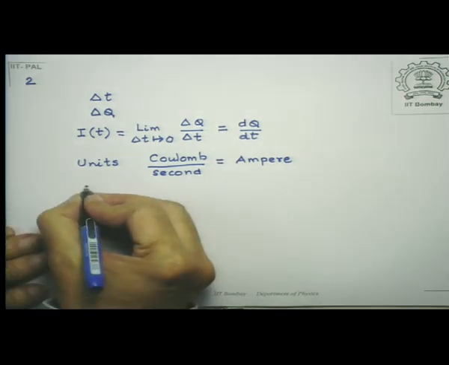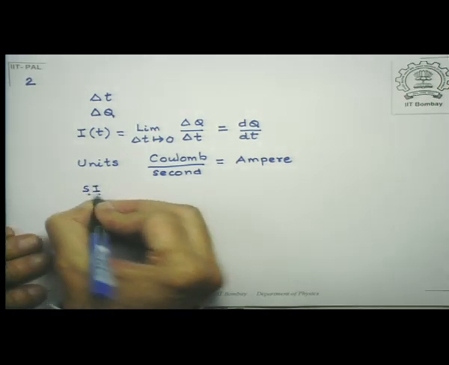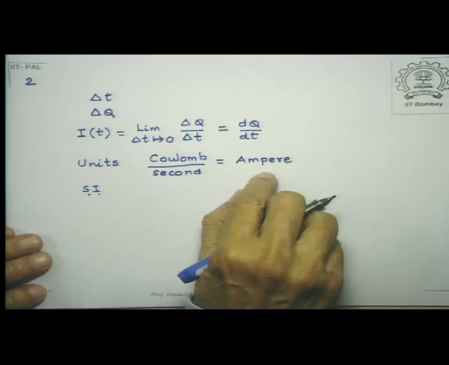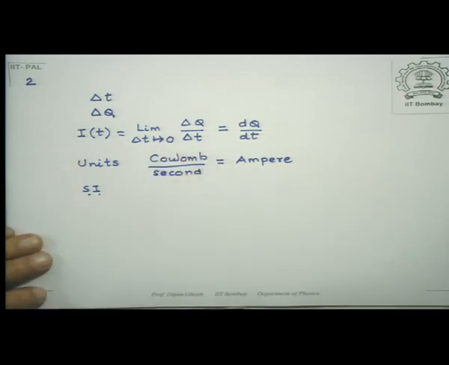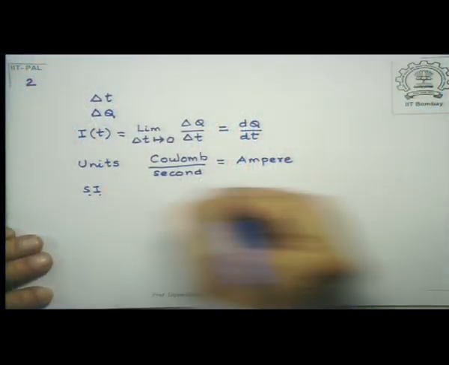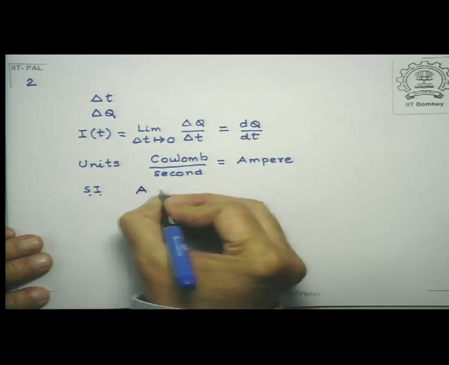Actually, in SI units, the ampere is defined not as coulomb per second, because coulomb is not a fundamental unit, ampere is. It is defined in terms of its magnetic effects, but that we will be talking about in later parts. So, ampere is a fundamental unit.